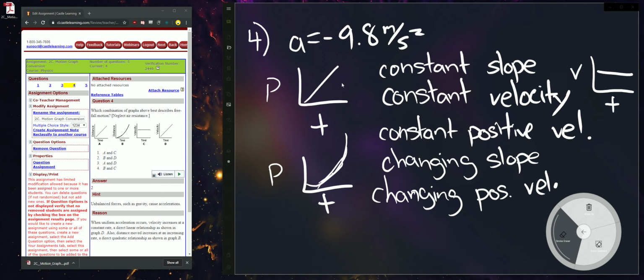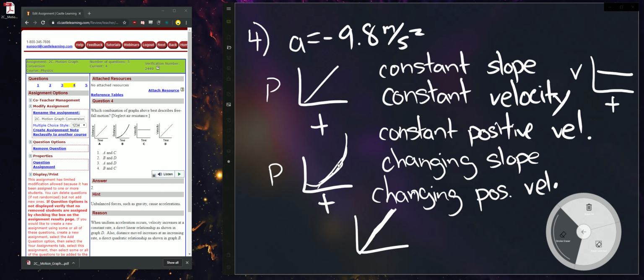Let's look at choice D. Choice D has a changing velocity and has an acceleration. So let's look at this, and we have a straight line, and this is our slope. So our velocity is indeed changing, and this matches this graph.